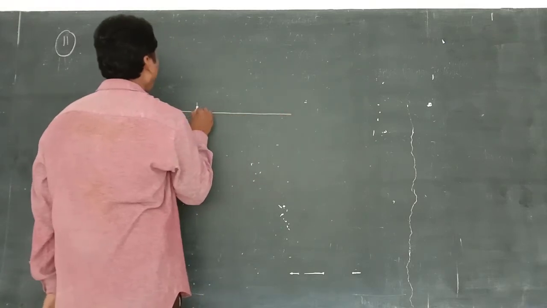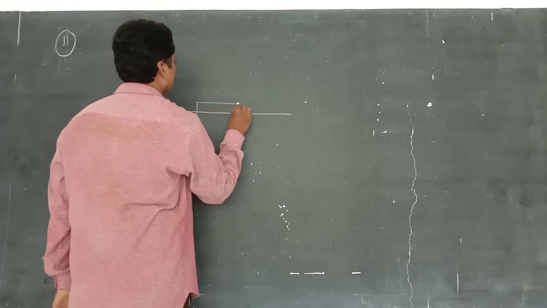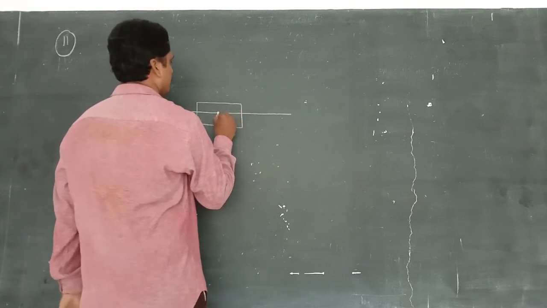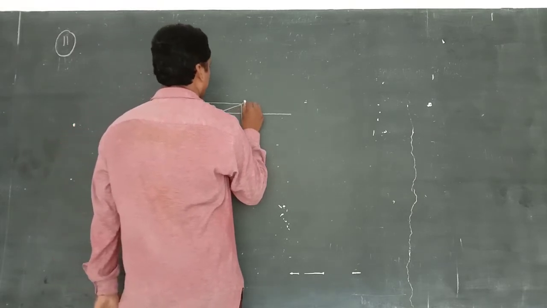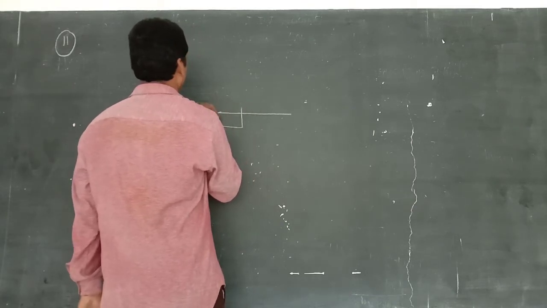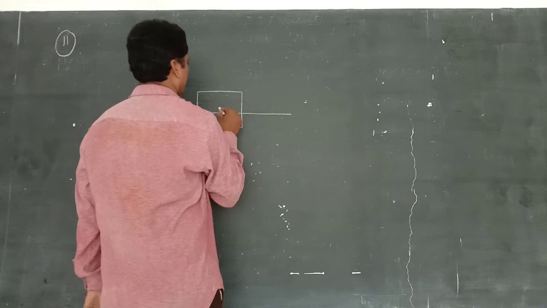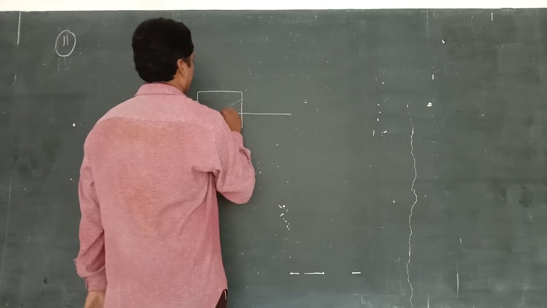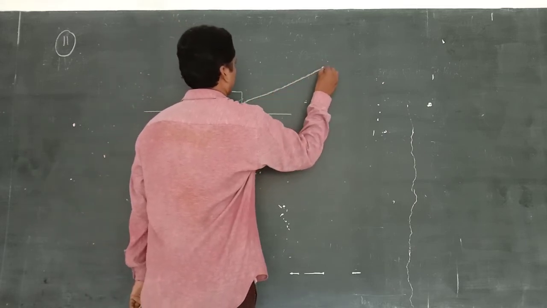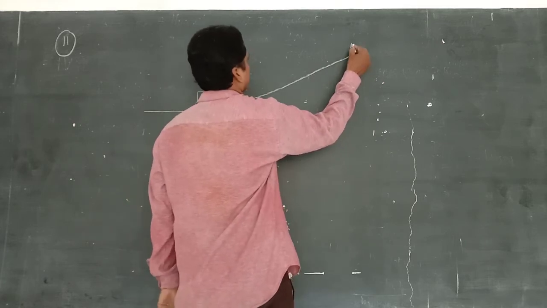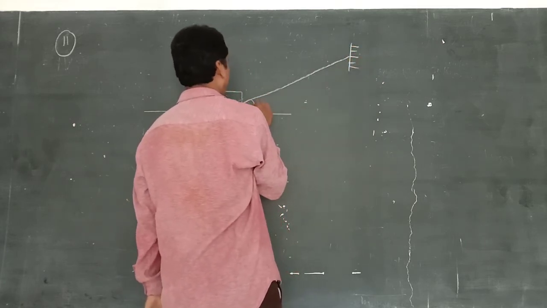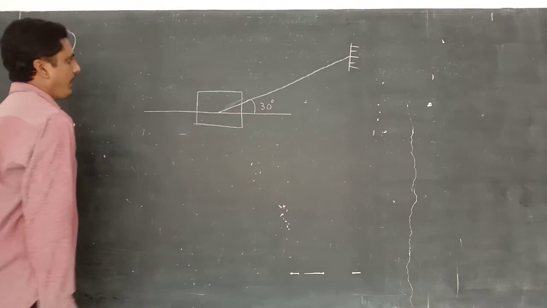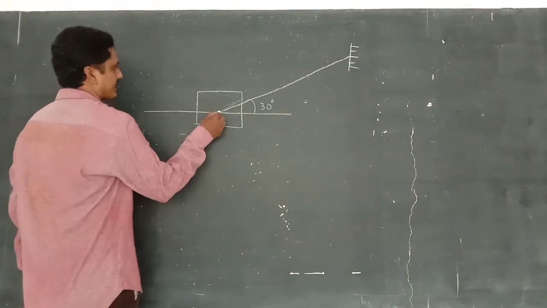This is the horizontal plane. Here the angle is 30 degrees, and the other is 60 degrees.